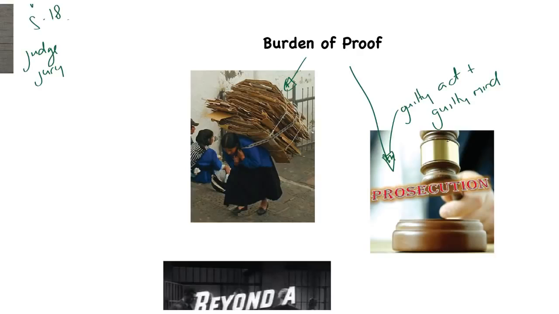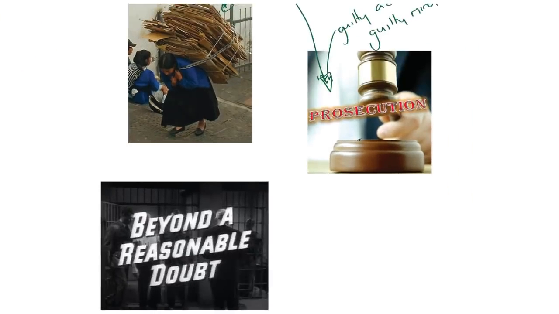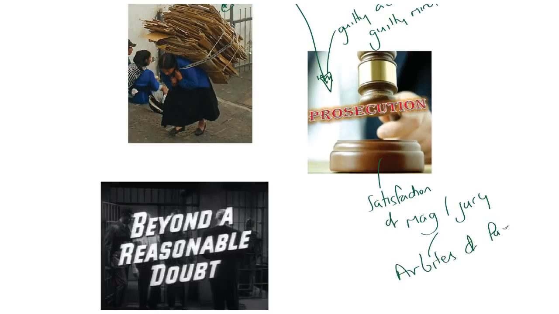And the reason for this is that central tenet of English law, which is that you are innocent until proven guilty. Okay, innocent until proven guilty. So the people that have to prove you guilty are the prosecution. And they have to prove that to the satisfaction of the magistrates or the jury, if you remember, who are the arbiters of fact.